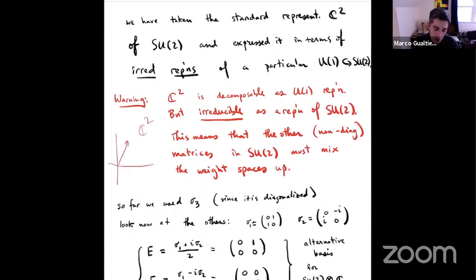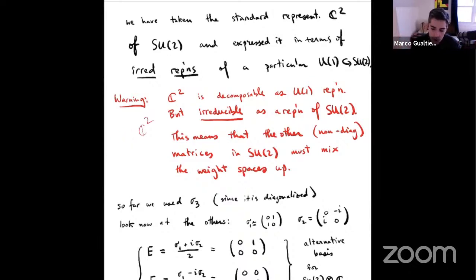If I take a non-zero vector in C2, and if I act on it by all matrices in SU2, it's going to get moved around in all possible subspaces. You will never find a vector which will be sent to a one-dimensional space, right? If C2 was decomposable into two one-dimensional pieces, then that would mean that all matrices in SU2 can be diagonalized simultaneously. And there's no way that's true because they don't commute.